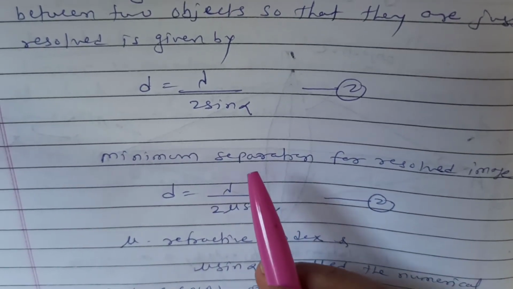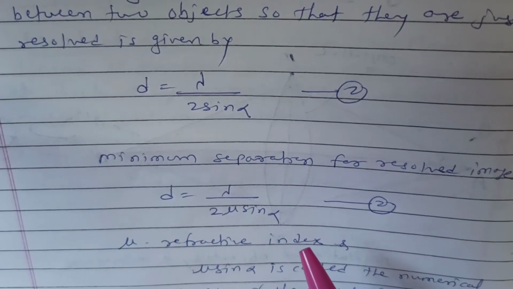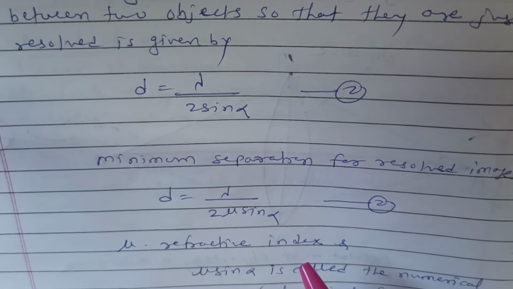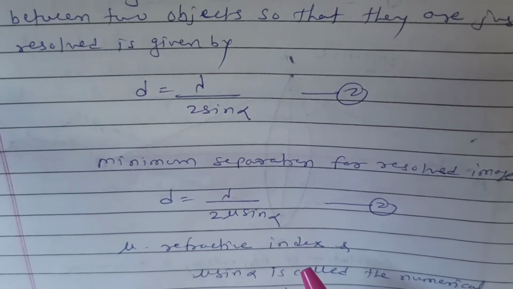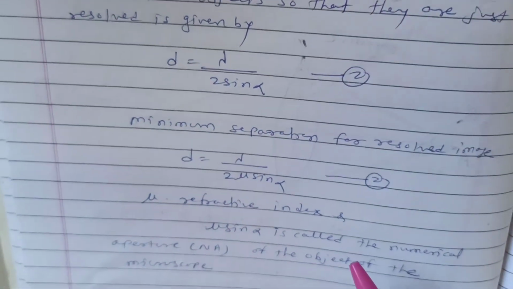That is, the space between the object and the objective is filled with oil. This has two advantages. Firstly, the loss of light by reflection at the first lens surface decreases, and secondly, the resolving power of the microscope is increased.